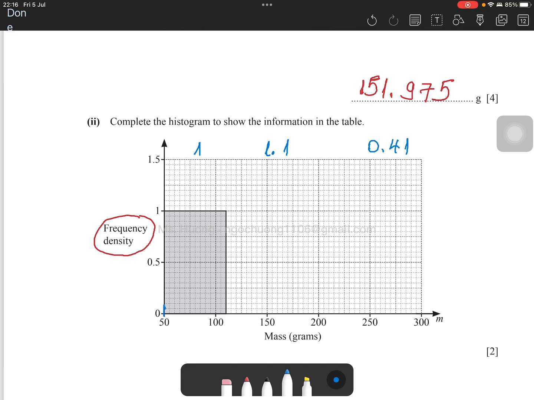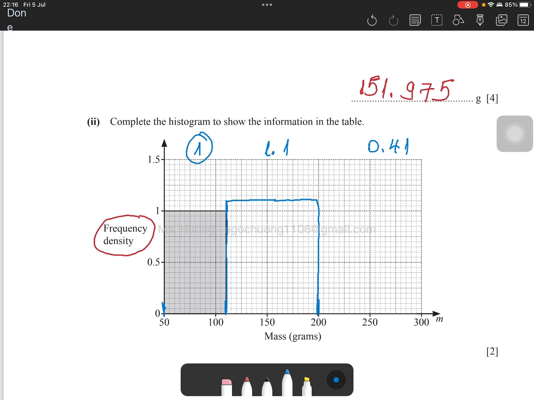This is from 50 to 110, the first interval, and the height is actually 1. The second interval is from 110 to 200, and the height of this bar is 1.1, which is here. This is the second bar.